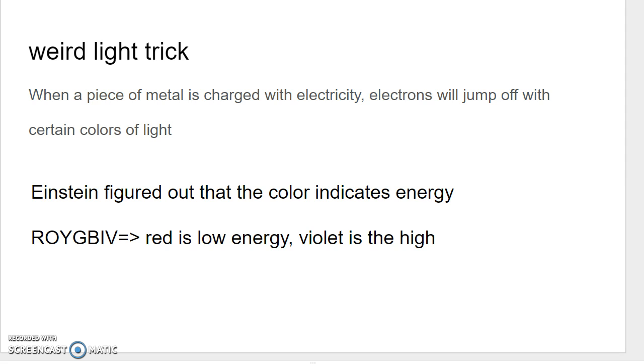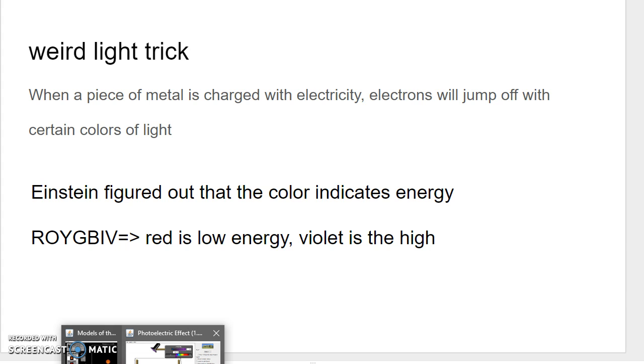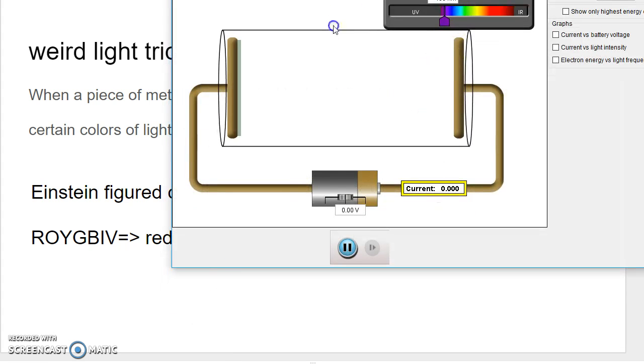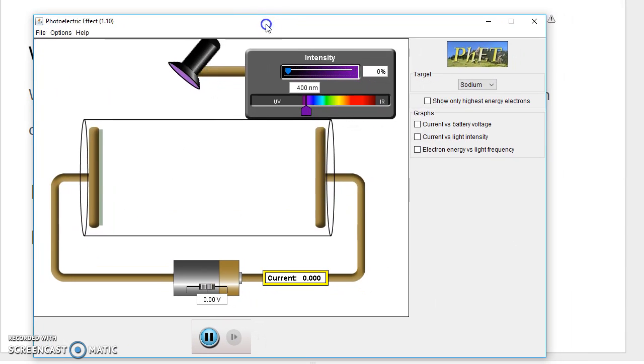Now, another background information. There's a weird light trick that scientists were finding around the 1900s. When a piece of metal is charged with electricity, electrons will jump off with certain colors of light shone on it. This was called the photoelectric effect.